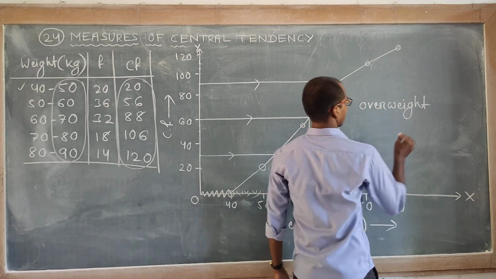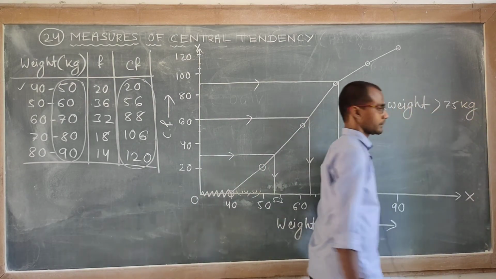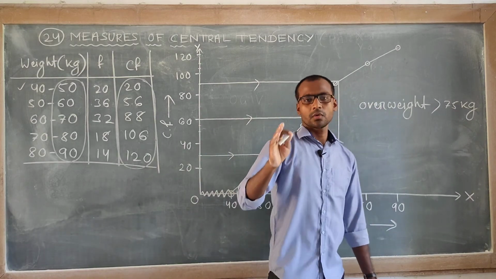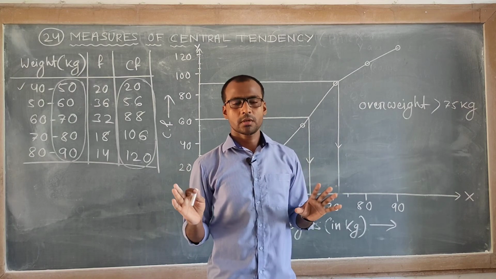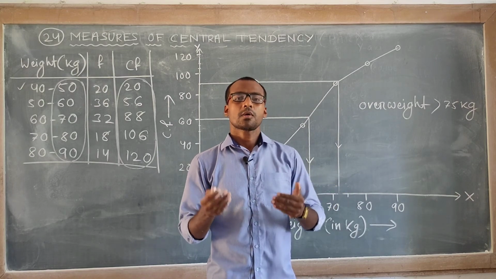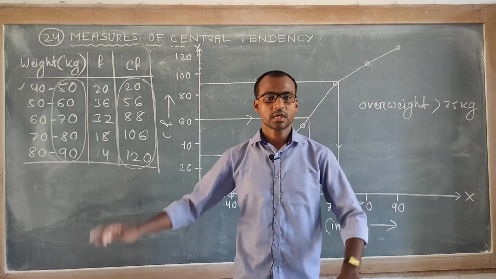So the condition is that all the children whose weight is above 75 kg are considered overweight. We have to find how many children are overweight in the given classroom, which has 120 students. So let us find that.